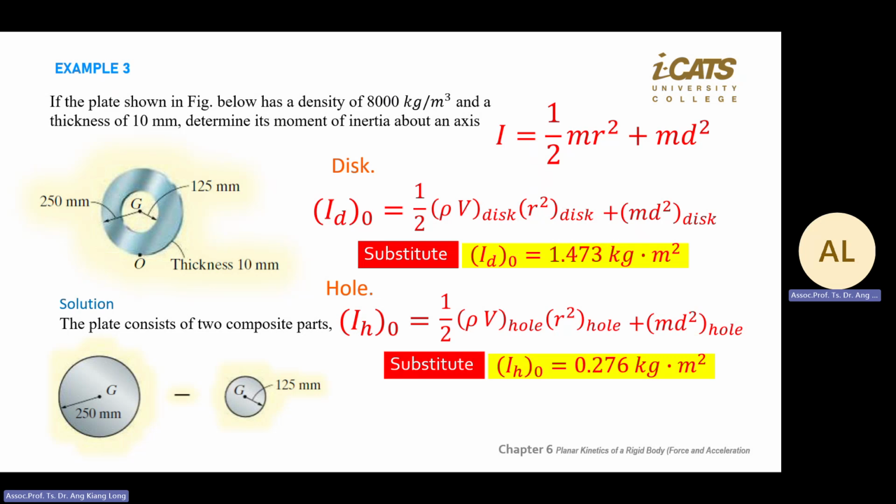Can someone verify? If you take 8,000 here, V you can calculate. V will be pi r square, thickness is 10 mm, you need to convert into meter.